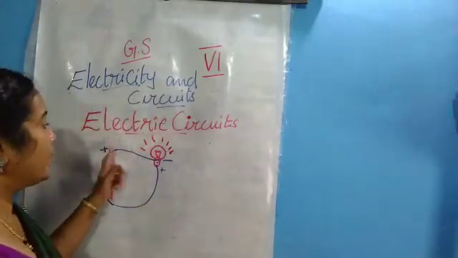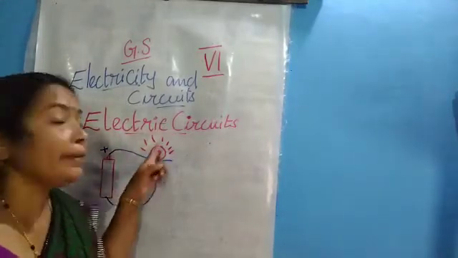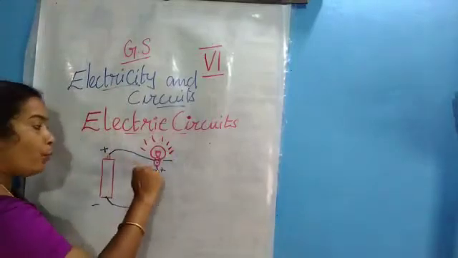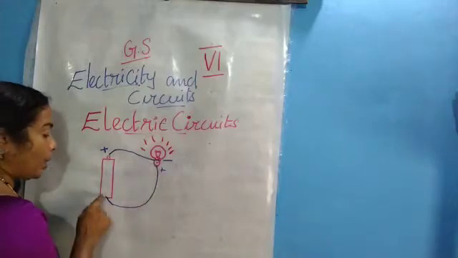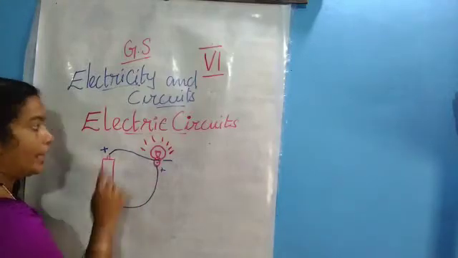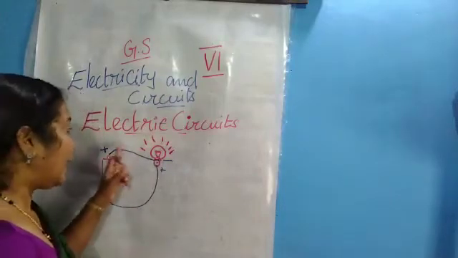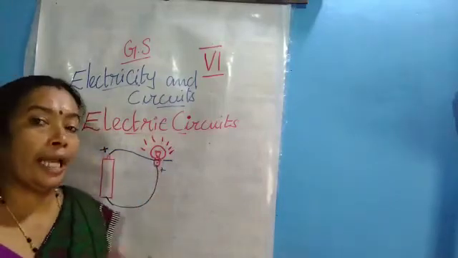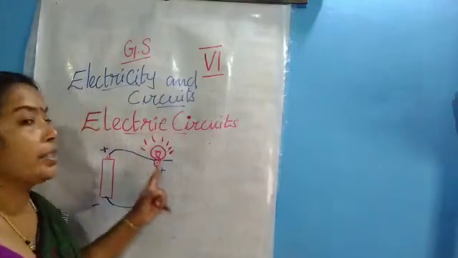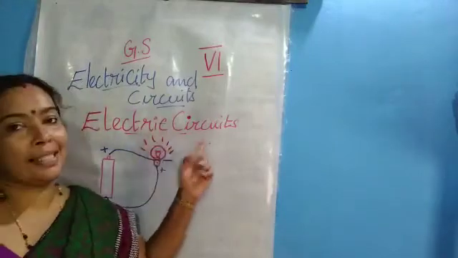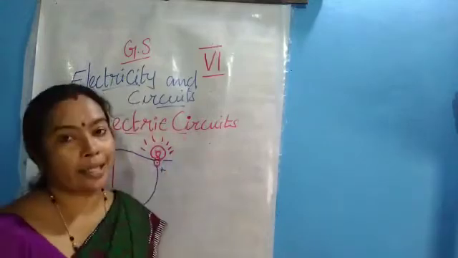Here the wire is connected properly from one terminal of the battery to one terminal of the bulb, and from the other terminal of the bulb the wire is connected properly to the other terminal of the battery. Only then is the bulb glowing. So the complete path which allows the current to flow through it is called an electric circuit. The path of the current is known as an electric circuit.